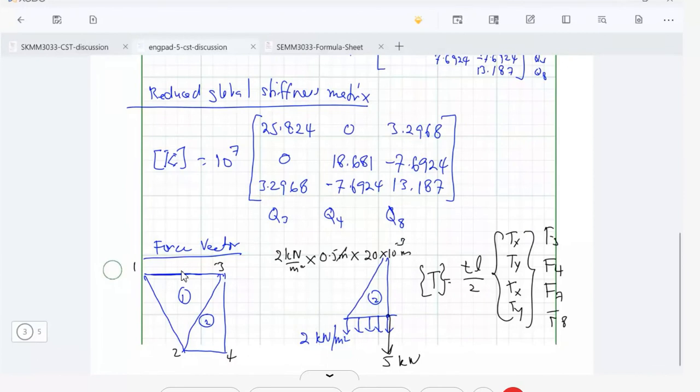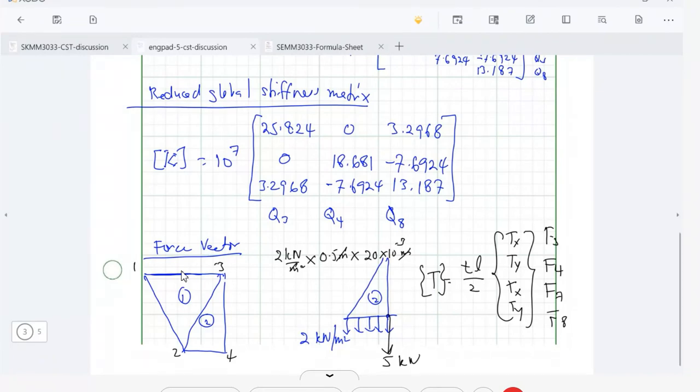And this cancels out. 2 times 5 is 10, times 2 is 20 kilonewton, right? Sorry. Can anybody calculate that for me? Half is 120. I think 20, sir. 2 times 10 is 20. Oh, okay. Sorry, you're right.